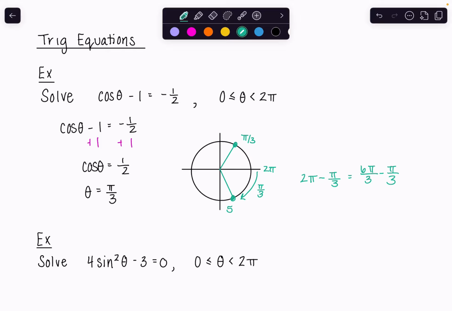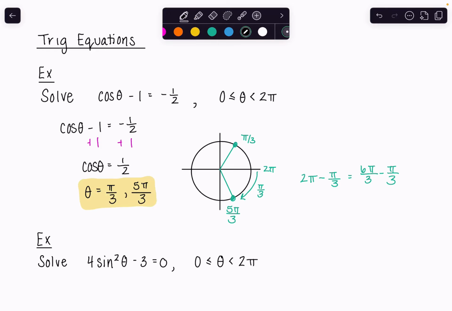So this second angle would be 5 pi over 3. So the solutions where cosine of theta equals 1/2 on the interval from 0 to 2 pi are pi over 3 and 5 pi over 3, okay?